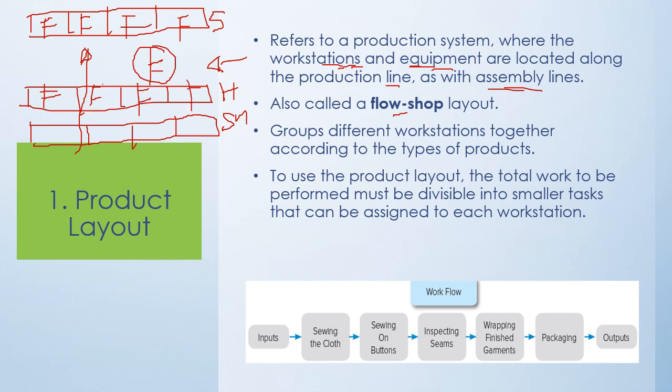Just one particular product. To use the product layout, the total work to be performed must be divisible into smaller tasks that can be assigned to each workstation. So one big task is to produce shoes, and this task must be divisible into a few smaller tasks, and each smaller task must be placed on each of the workstations on the assembly line.